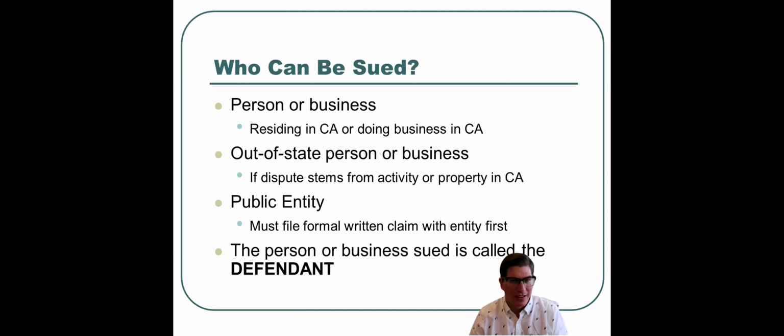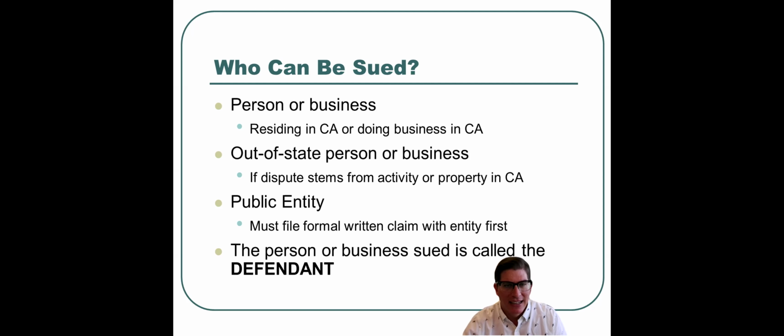So, for example, if the dispute concerns real property owned in California, that could be a reason to sue a person or business in California. If it concerns an automobile accident on a California highway, that could be another reason. If there's a contract that was negotiated, carried out, or violated in California, that can be another reason.